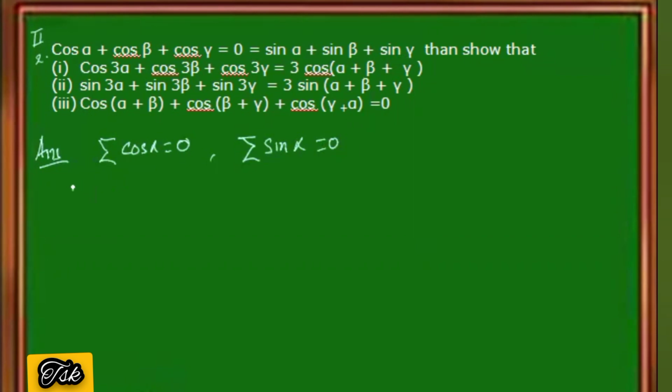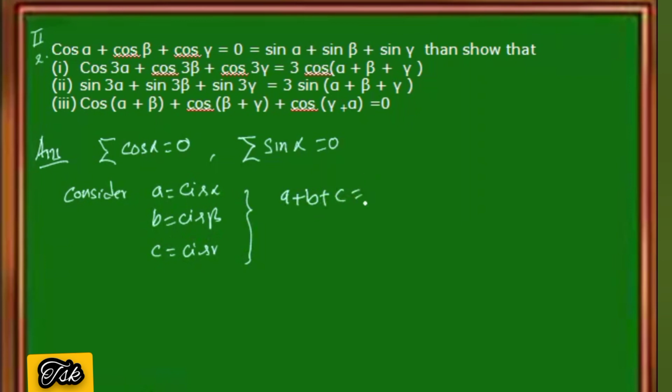Let us consider A is equal to cis alpha, B is equal to cis beta, C is equal to cis gamma. We consider this. What is A plus B plus C?